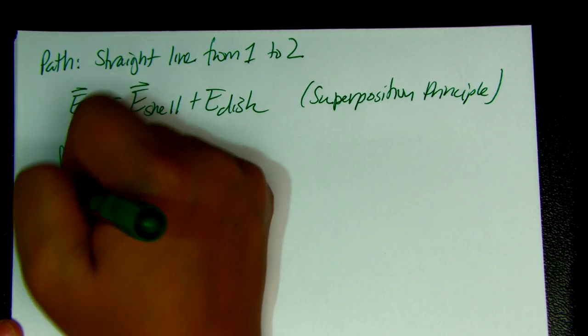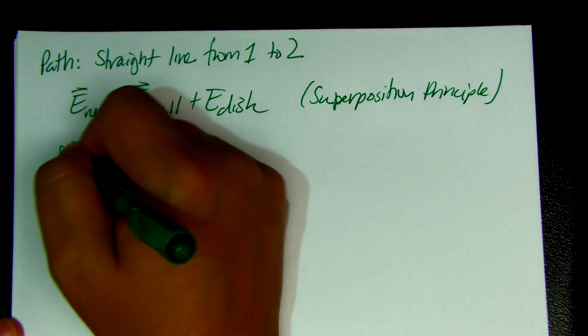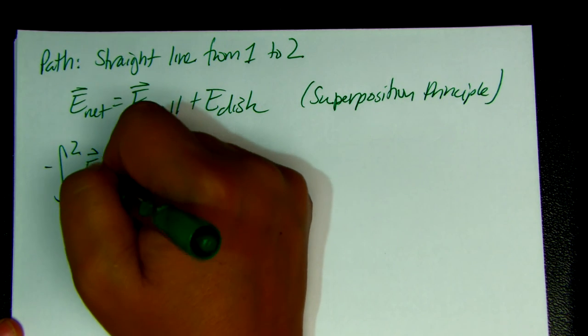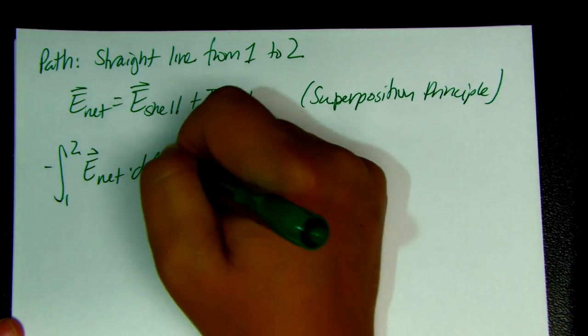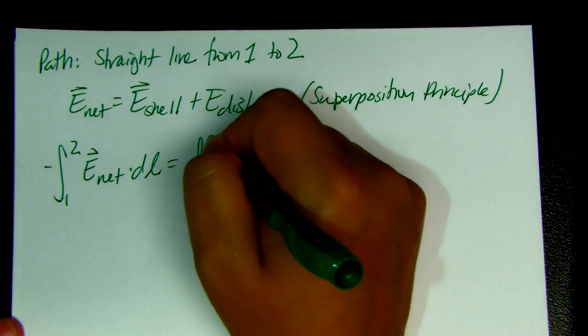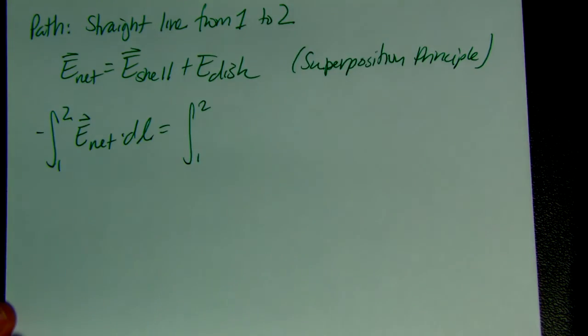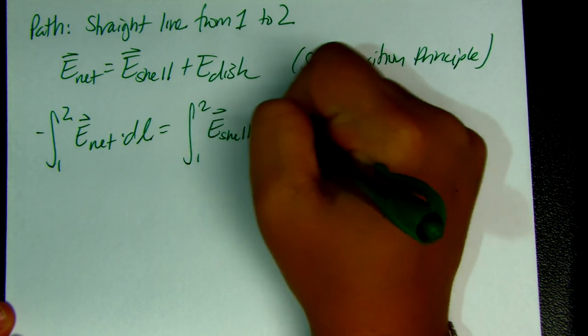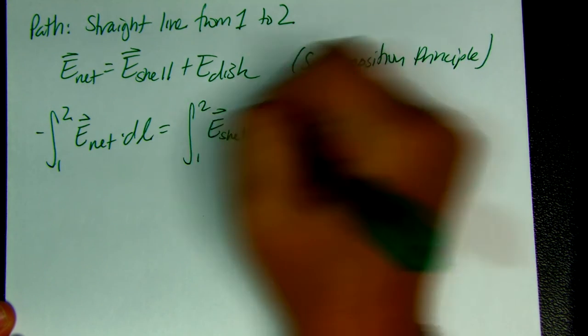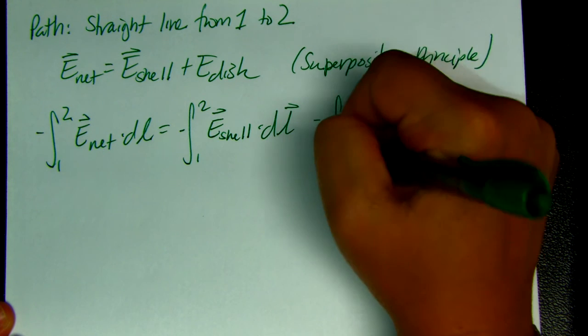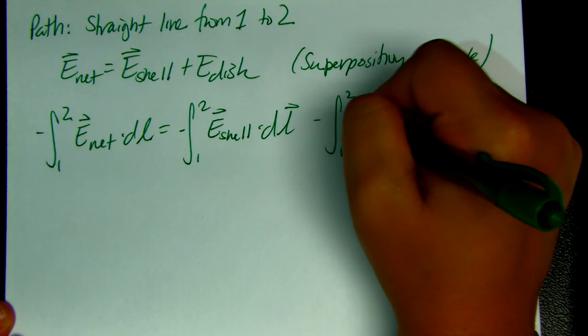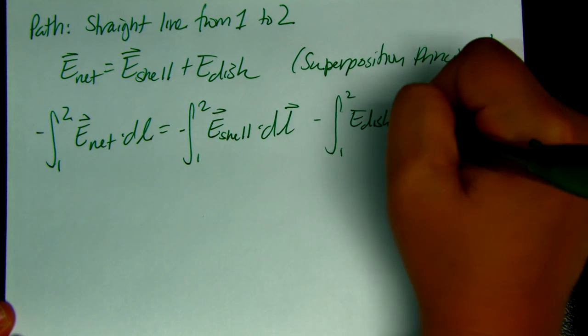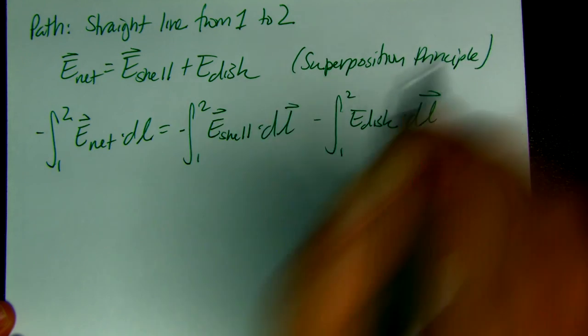So we have the integral from 1 to 2 of E net dot dl is equal to the integral from 1 to 2 of E shell dot dl plus the integral from 1 to 2 of E disk dot dl.